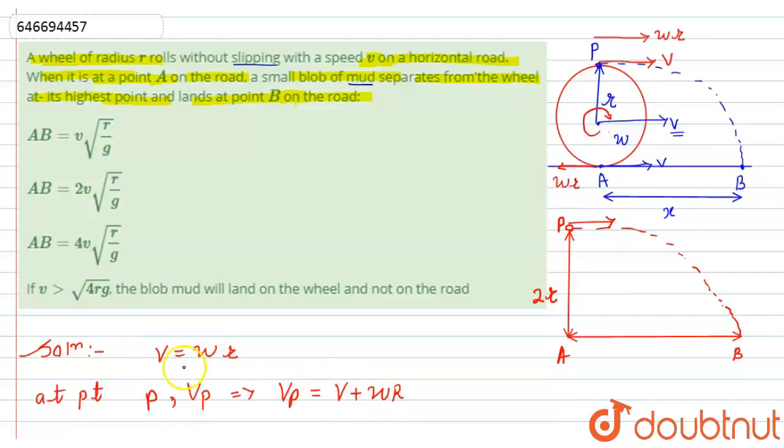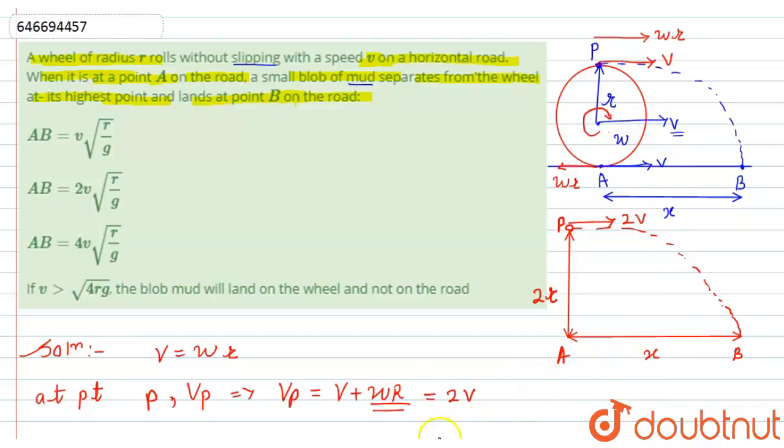If we substitute omega r as v, we get Vp equals twice of v. So we can say that this particle is projected with the velocity of 2v. In this case we have to find this displacement x.